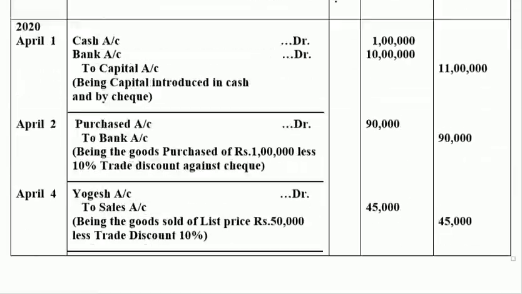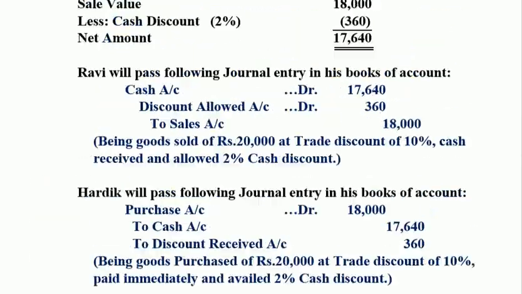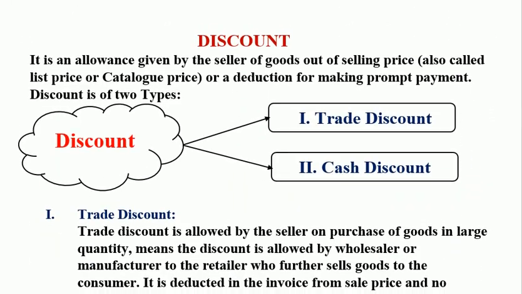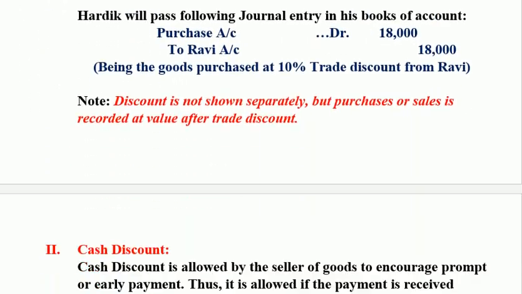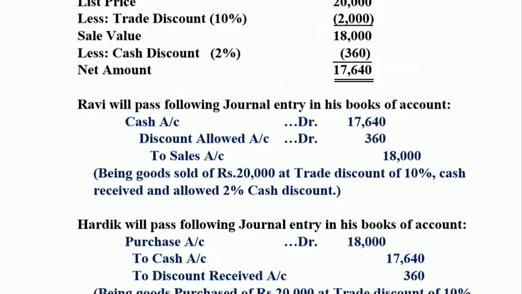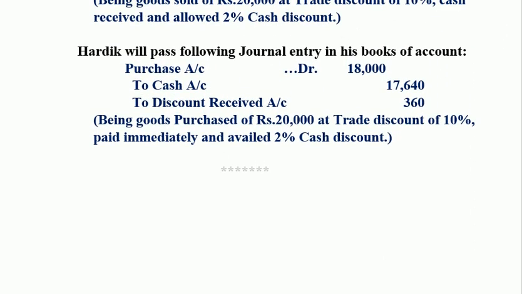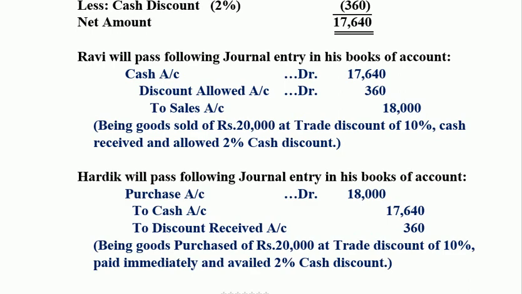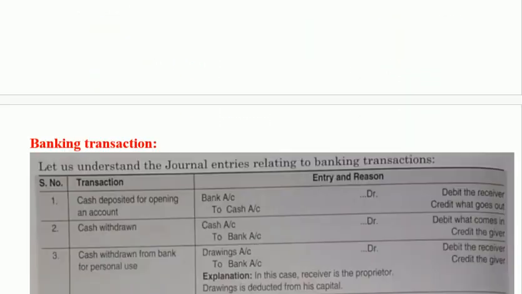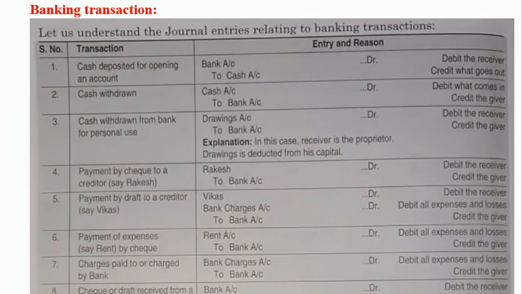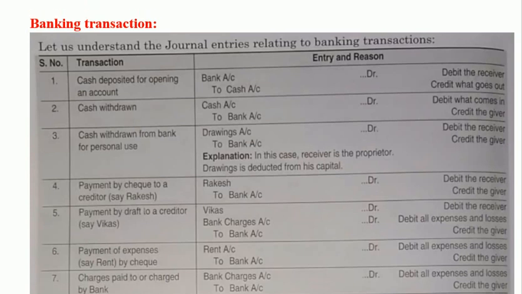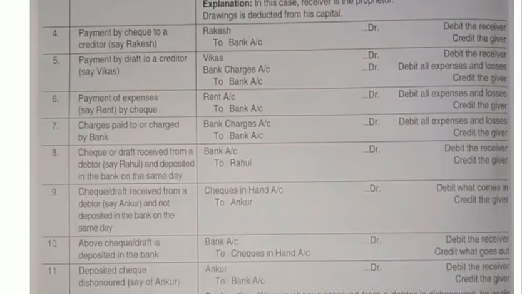I hope you have understood all this concept of trade discount as well as the concept of cash discount. We know very well that cash discount will be recorded in our books of accounts, but we will not record the trade discount in our books of accounts. We have also discussed the banking transactions, how they are incurred in our business, and how we will record all these banking transactions in general.